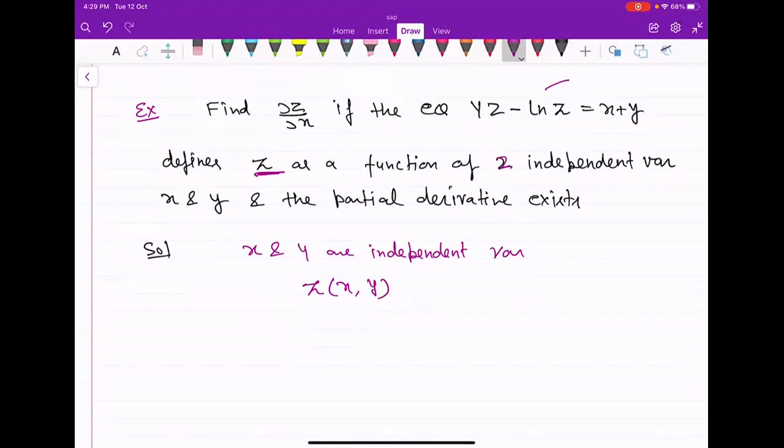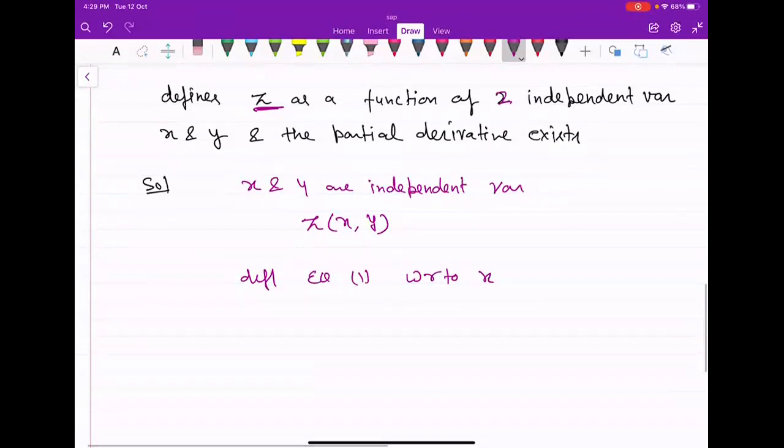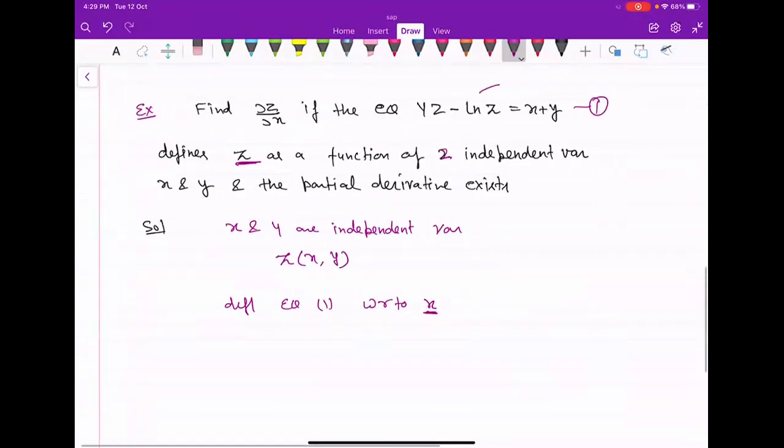So we will differentiate the whole equation with respect to x. So differentiate equation 1 with respect to x. x and y are independent variables, and whenever you are differentiating with respect to x, y is constant. So y will be a constant.